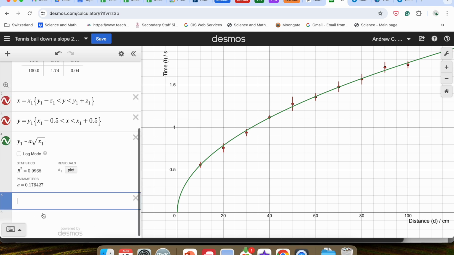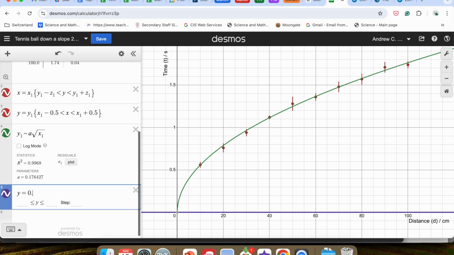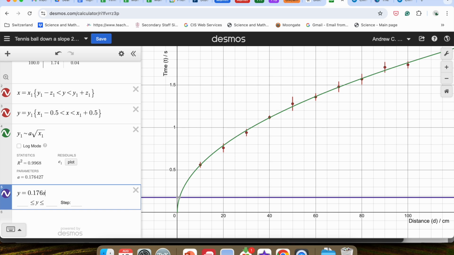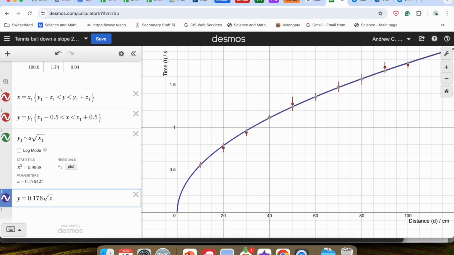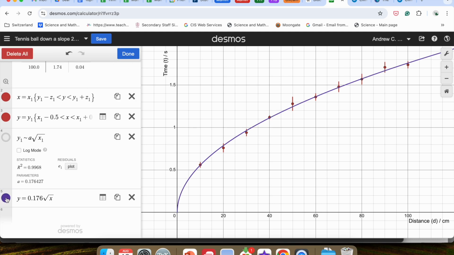Last thing I want to say is when you want to export graphs like this and put them into your lab report, it's a good idea to first write out the equation as I'm doing it now. Then we can take away the model there, and the advantage of that is you can change the appearance of your graph a little bit more.